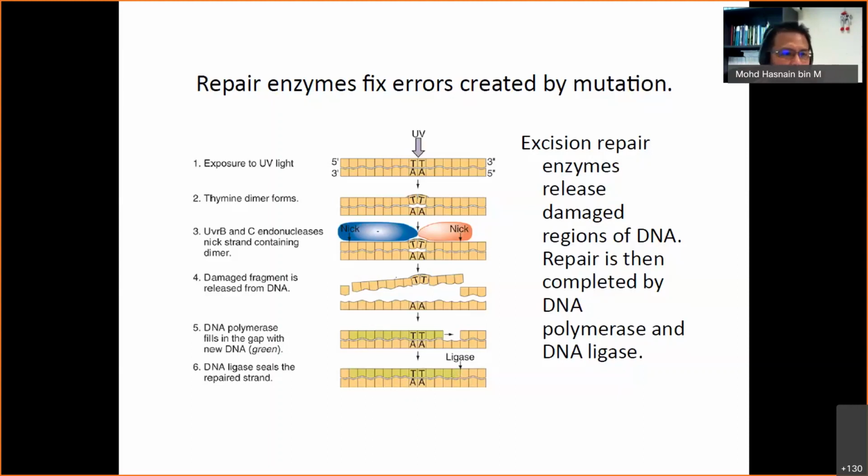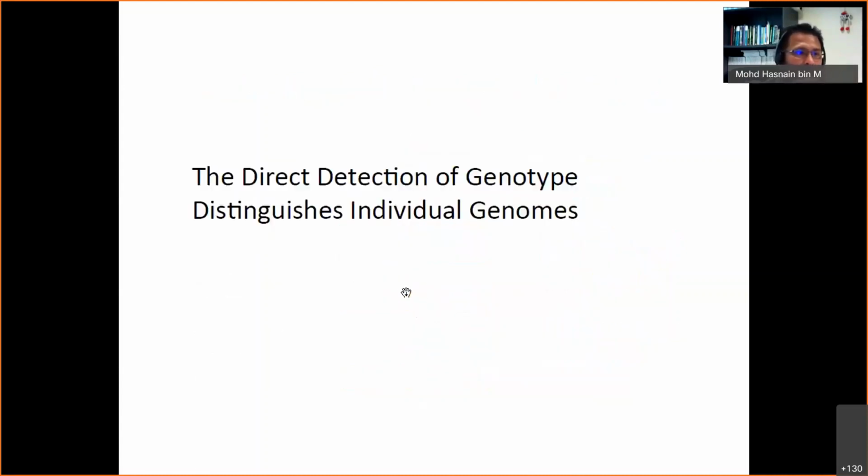So ligase is still playing a role in addition to what you learned in replication. So repair enzymes fix the errors, additional to the repair done by the polymerase enzyme.